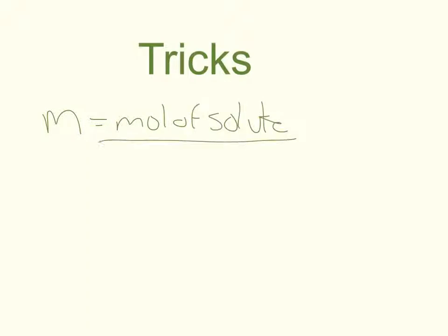Let's look at what ways they could trick you on this one. Pretty much the problem we just did contained all the tricks. So molality, lowercase m, is moles of solute over kilograms of solvent. Obviously instead of moles, they probably will give you grams, and that's no problem.